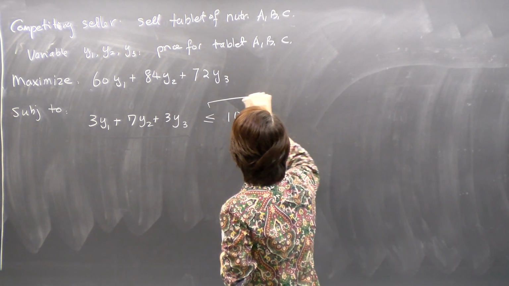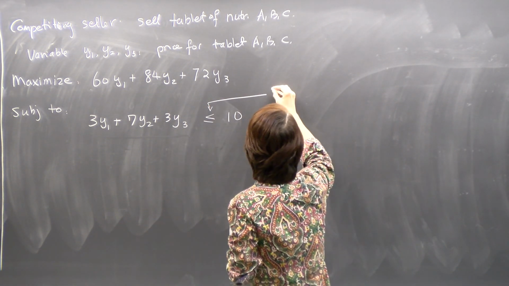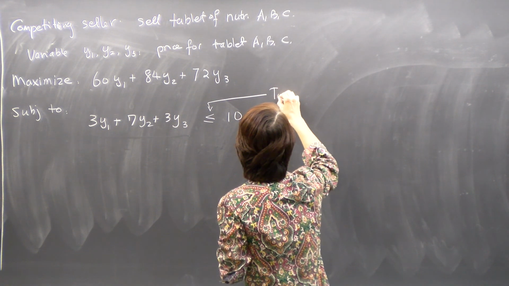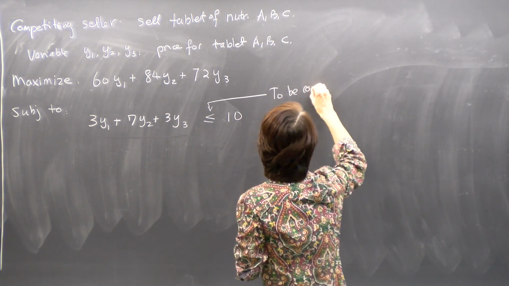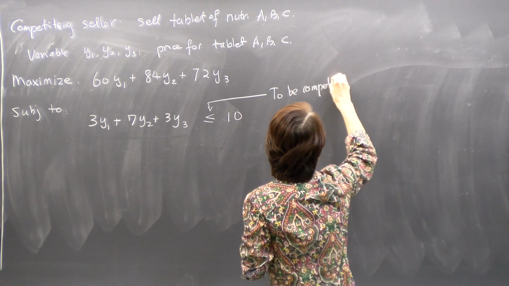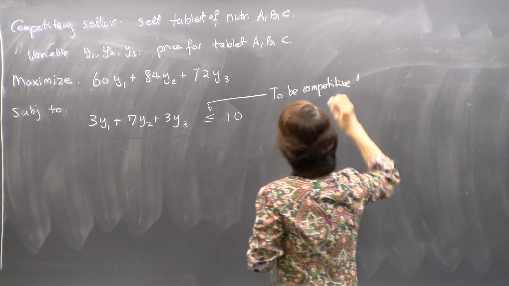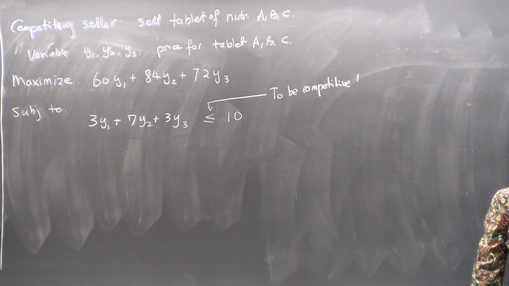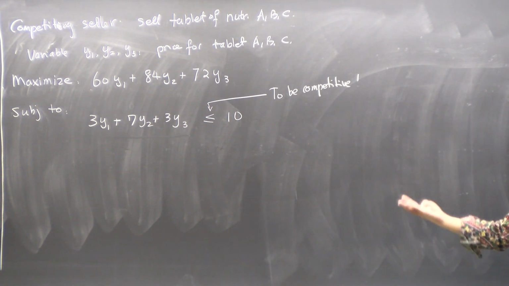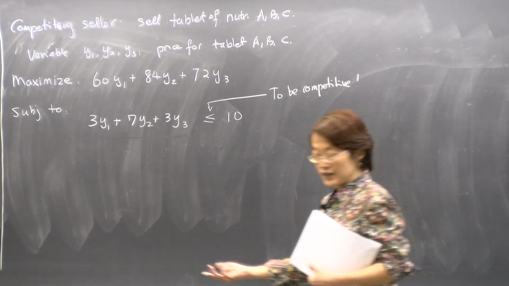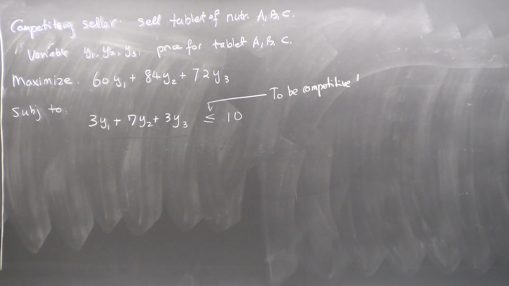So this inequality is for the seller to be competitive. Otherwise you won't sell your stuff. Is that clear? Then I have a similar one for feed 2. If the farmer buys feed 2, he pays 4 cents.